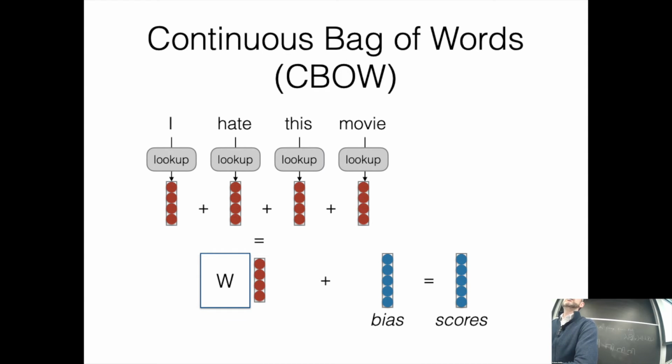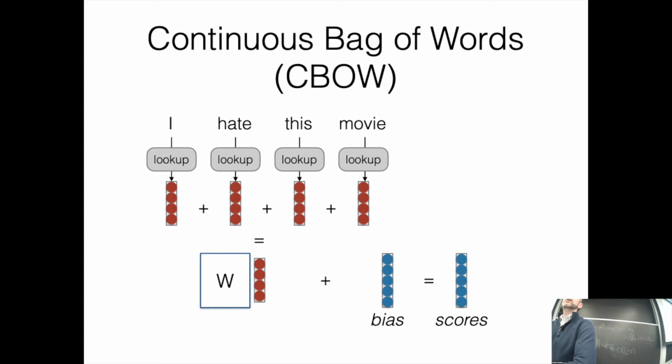The way this works is you look up the embeddings of each word, which gives you an embedding vector for the entire sequence. Then you multiply this by a weight matrix, where the rows correspond to the size of this continuous embedding, and the columns correspond to the number of labels you would have, and that gives you scores.